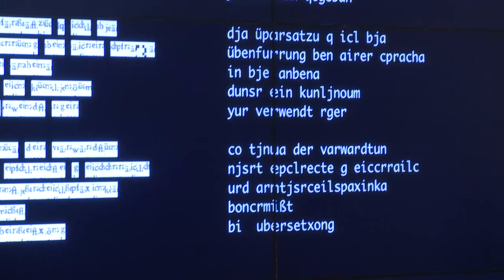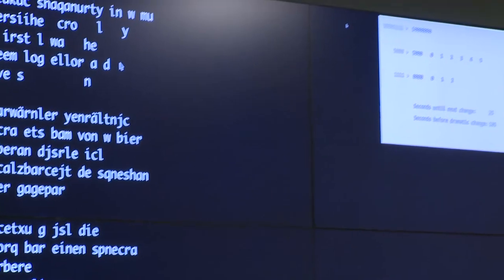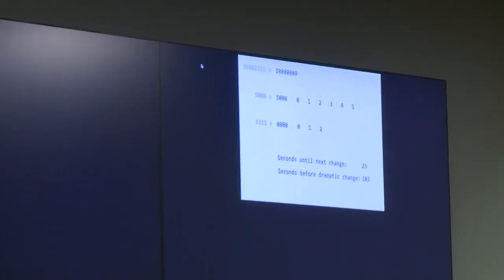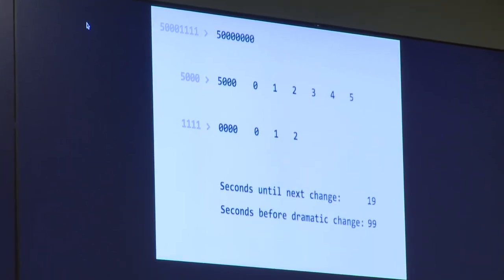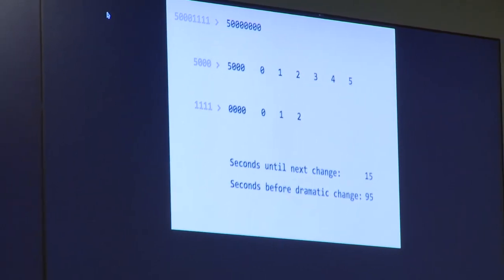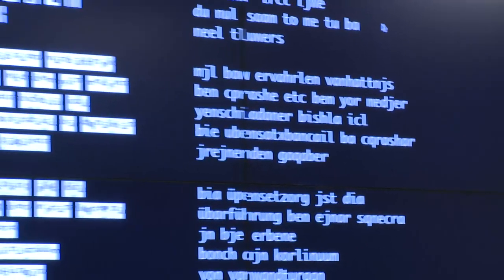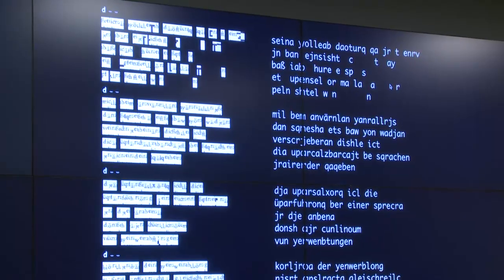So now it's doing what I call floating. And the upper one is in E for English.